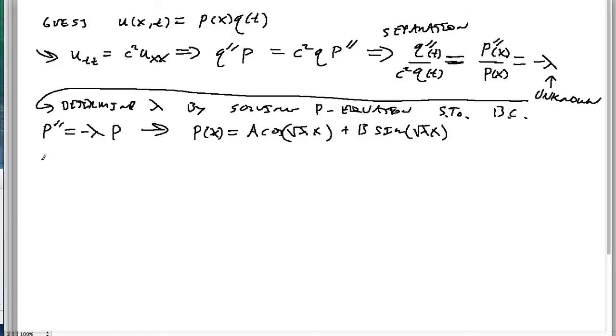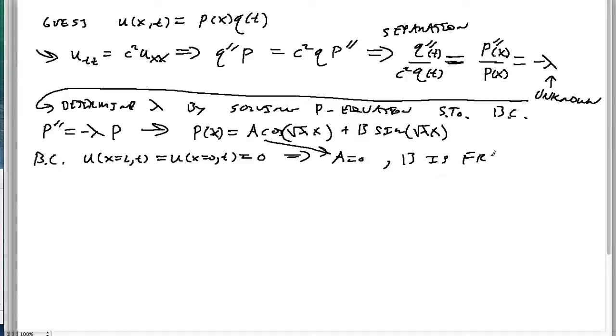Now we take in the boundary condition, that at x equals L for all time and x equals 0 for all time, the solution is 0. That implies that A is 0 and B is free, and square root of lambda has to be n pi over L. That would also imply that lambda is equal to n pi over L quantity squared.